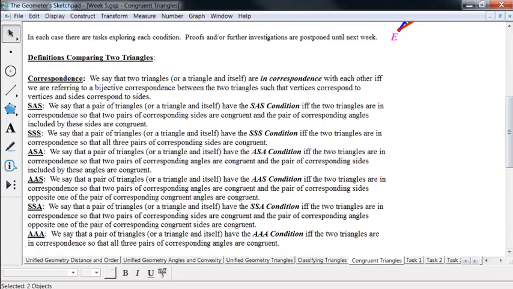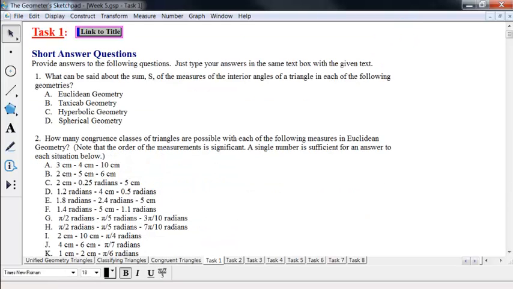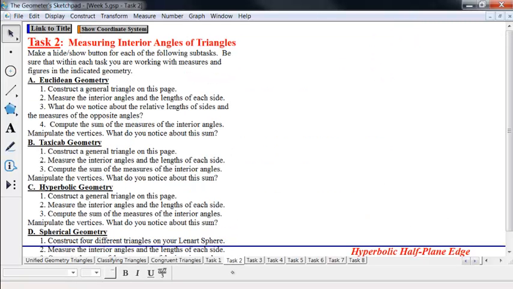So, basically, your tasks this whole week are dealing with this idea of triangle congruence and trying to decide under which conditions these work. The first task, which you will probably do last, is basically constructing triangles, measuring the interior angles, and then looking at the sum of those interior angles.